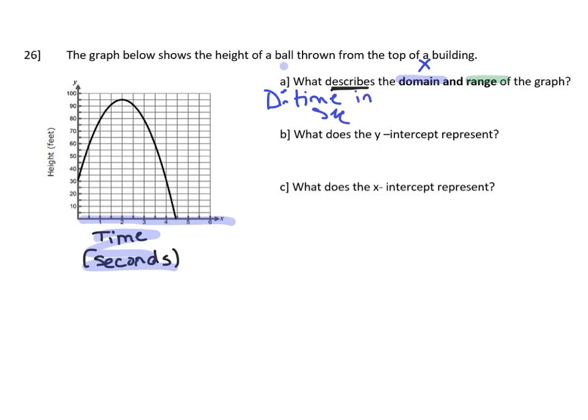And if we were to indicate the domain, it's going from 0 to about 4.5. So if we were to write it, I would have my 0 is my time, which is the x values.